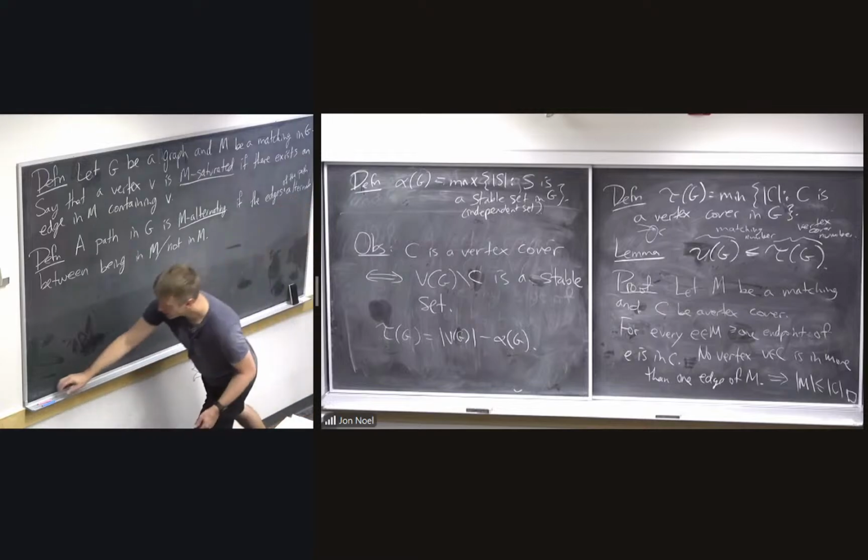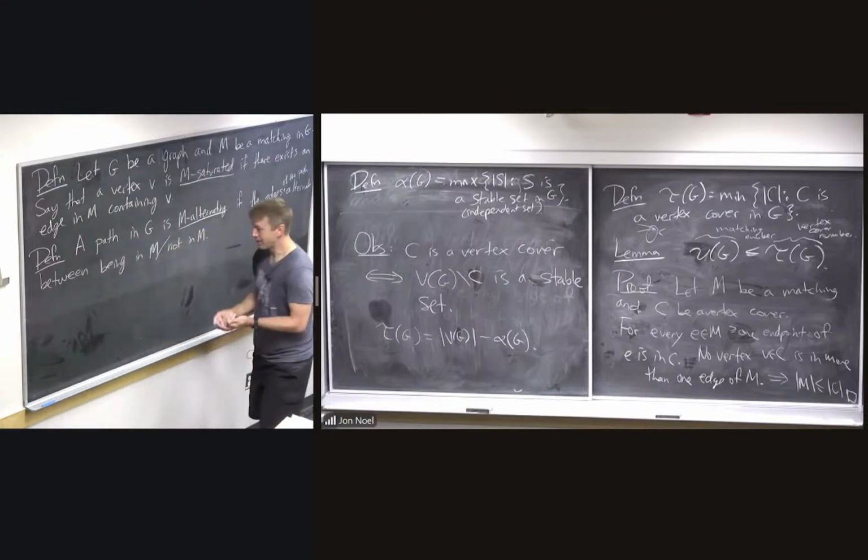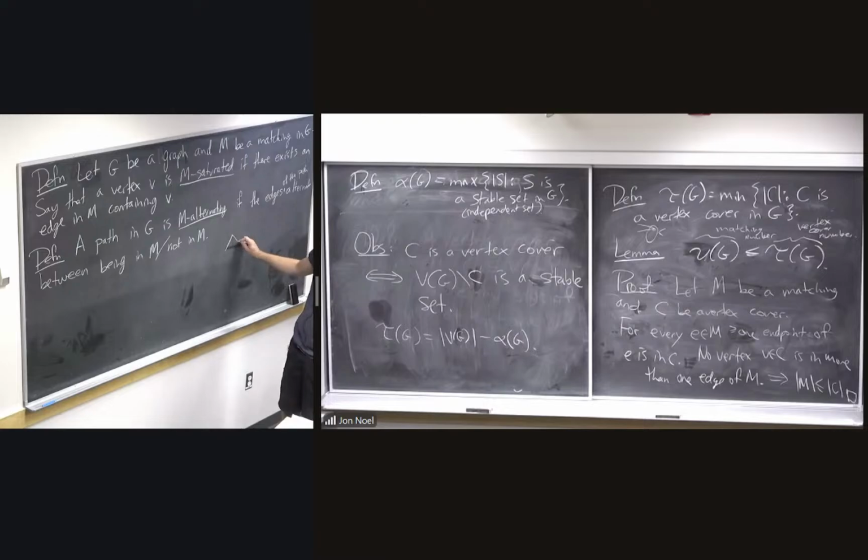So if my red edges are the matching, this would be an alternating path. But it could also start with M, then become not M, then M again, right? These alternating paths are surprisingly important.